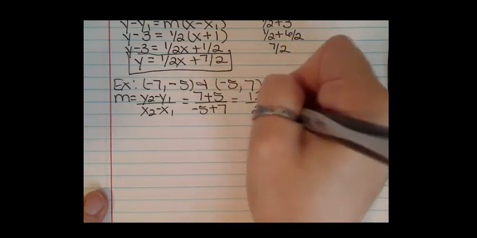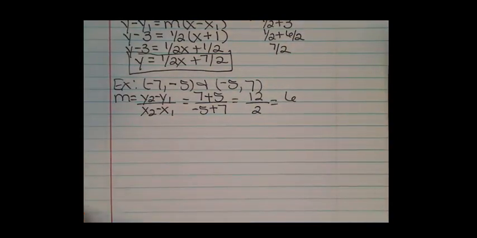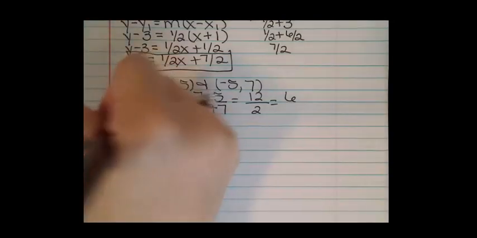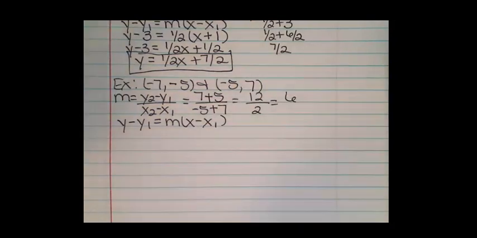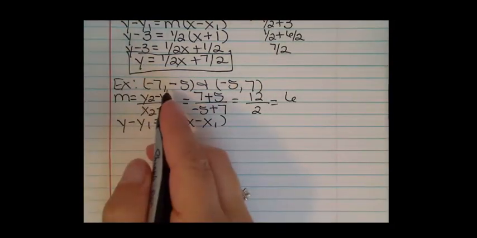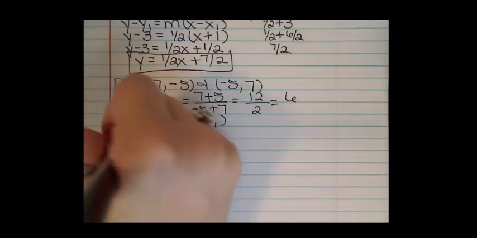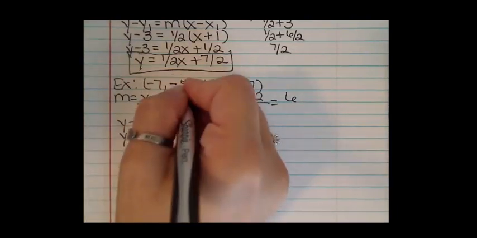And then we need to do our point slope form, which is y minus y1 equals m times x minus x1. Again, I'm just going to use the first one because it's listed first. So y minus y1, minus a -5 will be a plus 5, equals 6 times x minus x1.